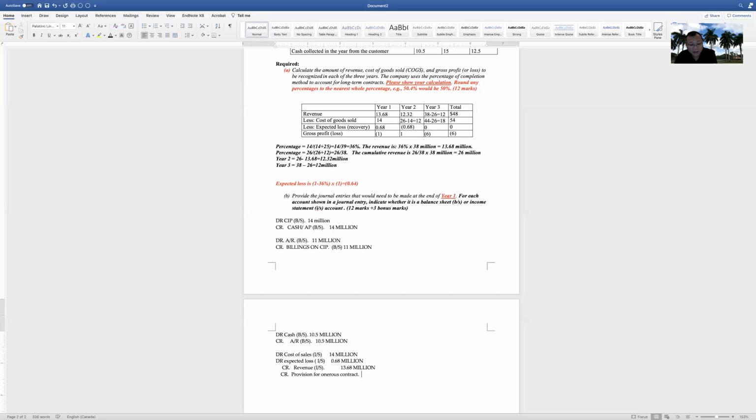What's your expected loss? 1 million. Right, because in year 1, you think this is an onerous contract, and your loss is going to be $1 million. So you have to recognize this liability, provision for onerous contract 1 million, and this would be a balance sheet item because this is a liability.